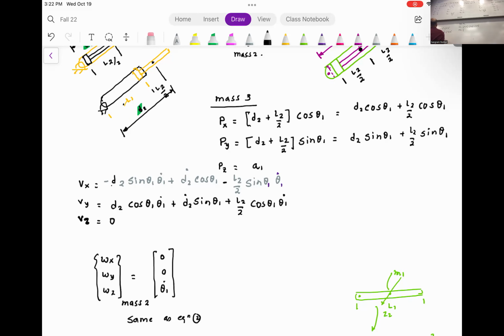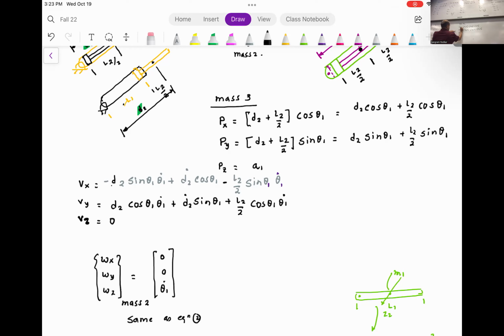Again, 1, 1, 1. So 1/2 Ixx2 omega x2 square plus 1/2 Iyy2 omega y2 square plus 1/2 Izz2 omega z2 square.